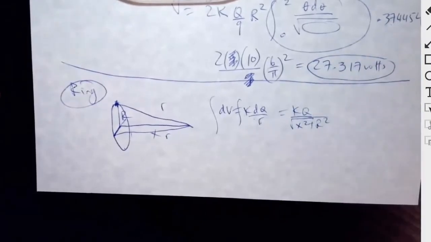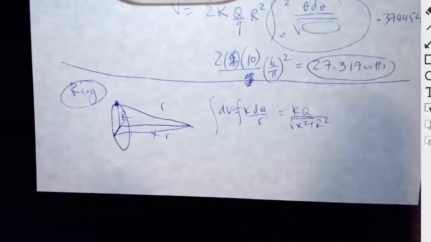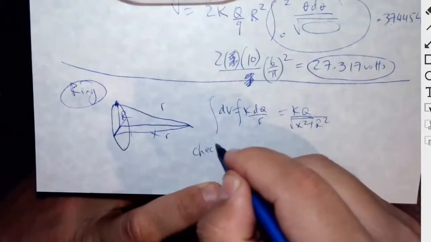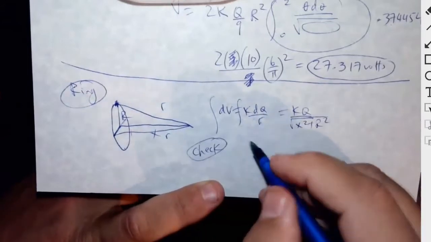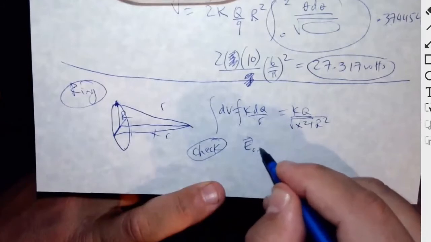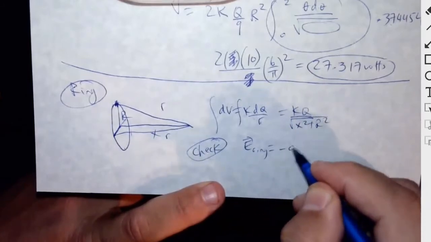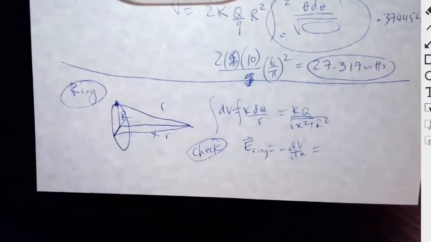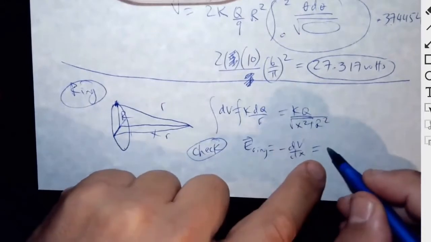Now if I want to check that answer, what can I do? I can negative differentiate that, and that should give me the general equation that we had for the electric field of a ring. So as a check, the electric field of a ring should be negative dV/dx, negative the derivative of that. What is the derivative of a square root? 1 over the square root function.